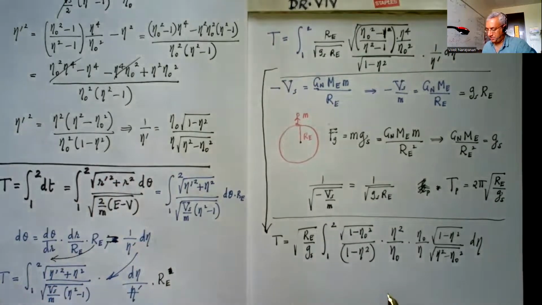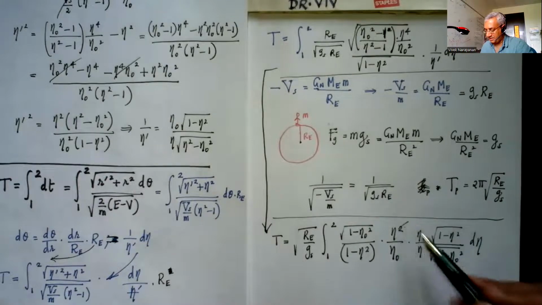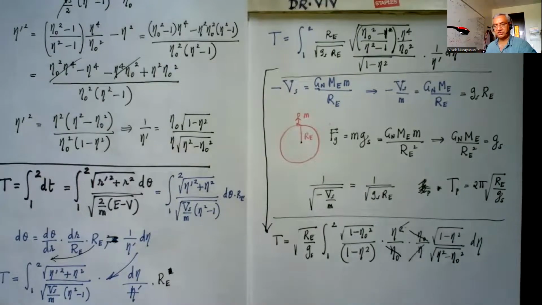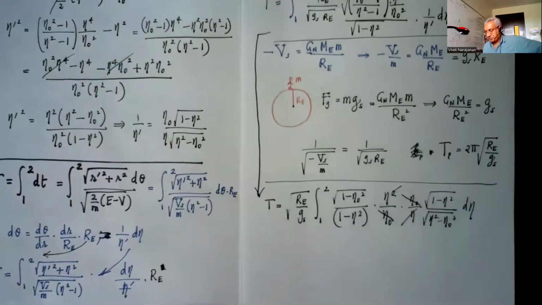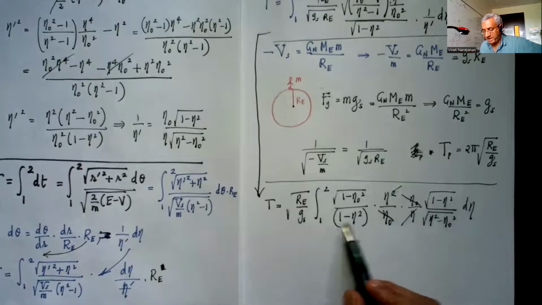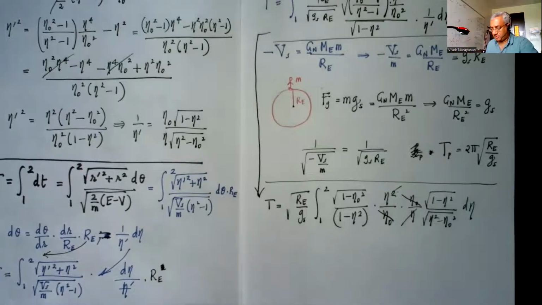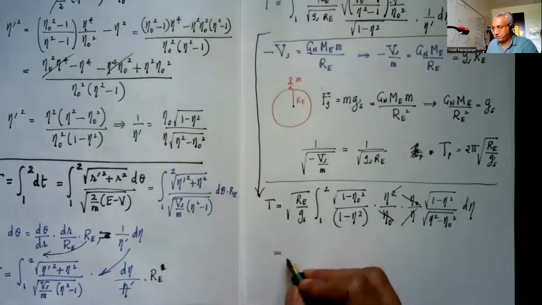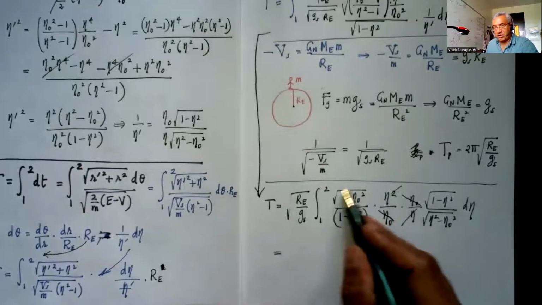So let's see, are there any cancellations? There's 1 eta that cancels, an eta naught that cancels. So I have an eta d eta. Oh, there's a square root of 1 minus eta squared and a plain 1 minus eta squared. So that will also produce a cancellation. So I'm going to get, this is a constant.